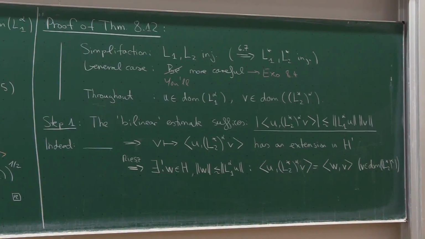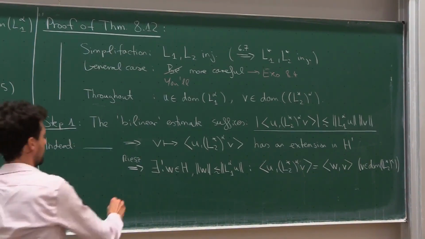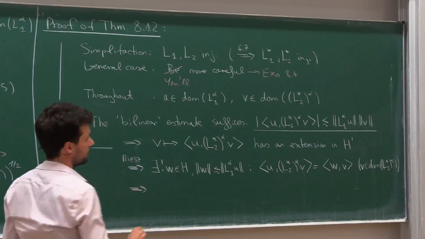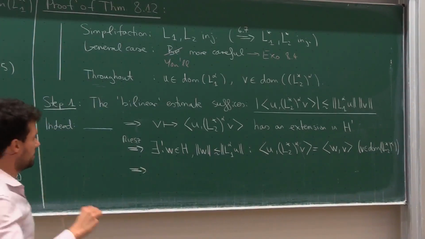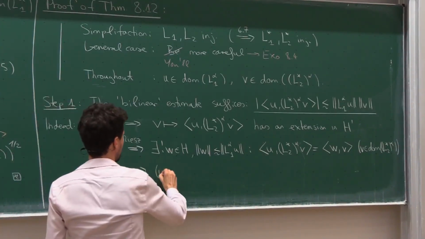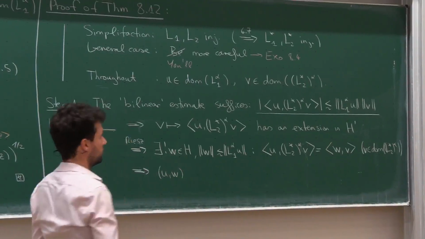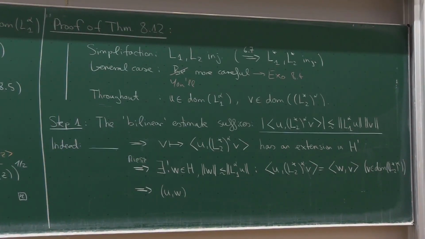Right, so you have that. So what does that mean, what you're having there? This means that the tuple U, W is contained in a specific operator.